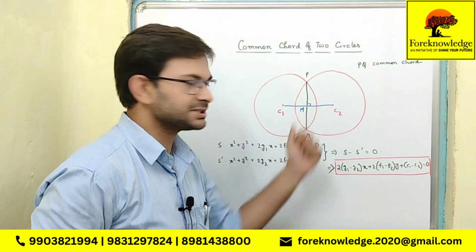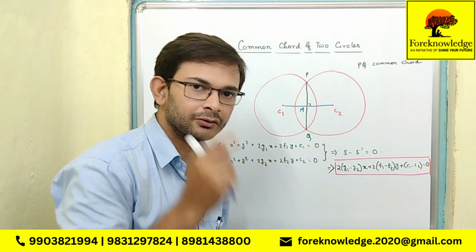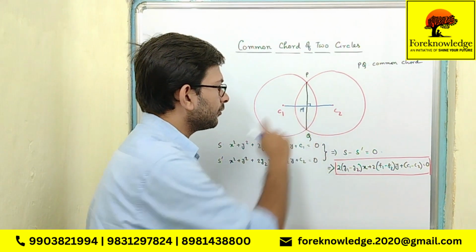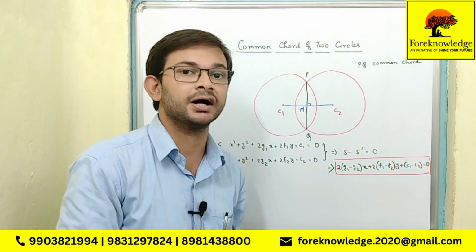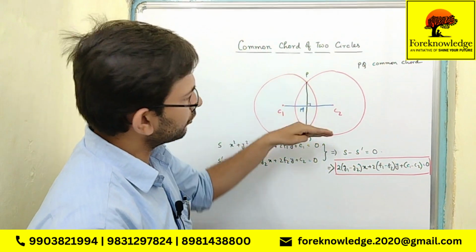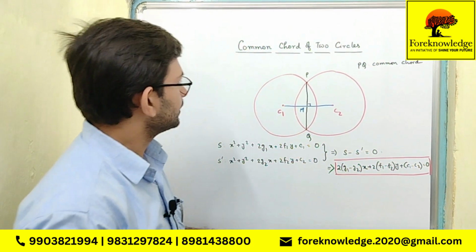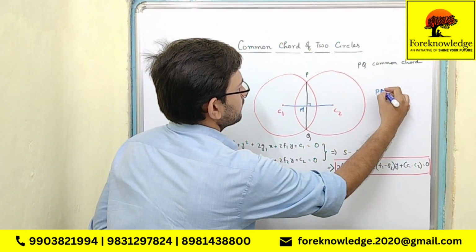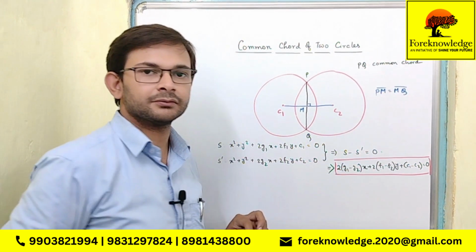If from the center we draw a perpendicular on a chord, then that perpendicular bisects the chord into two equal halves. So basically, the length of PM will be equal to MQ.